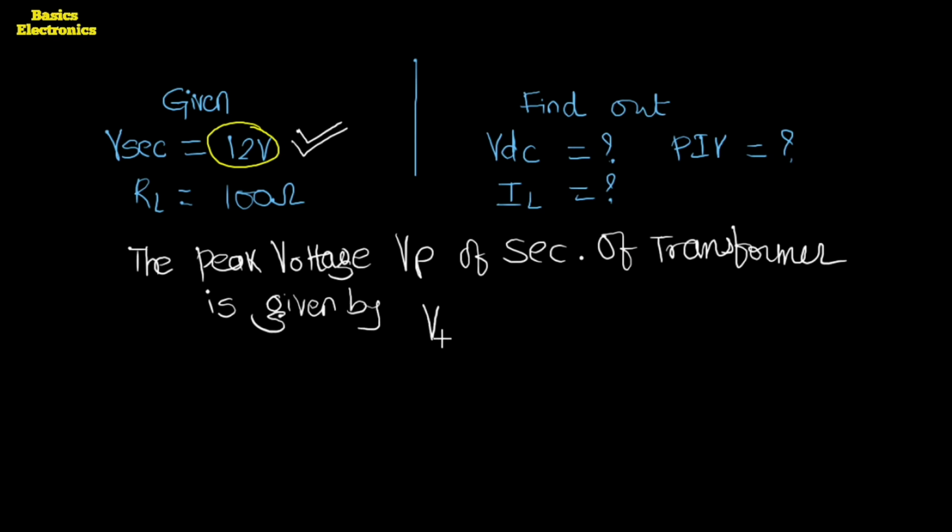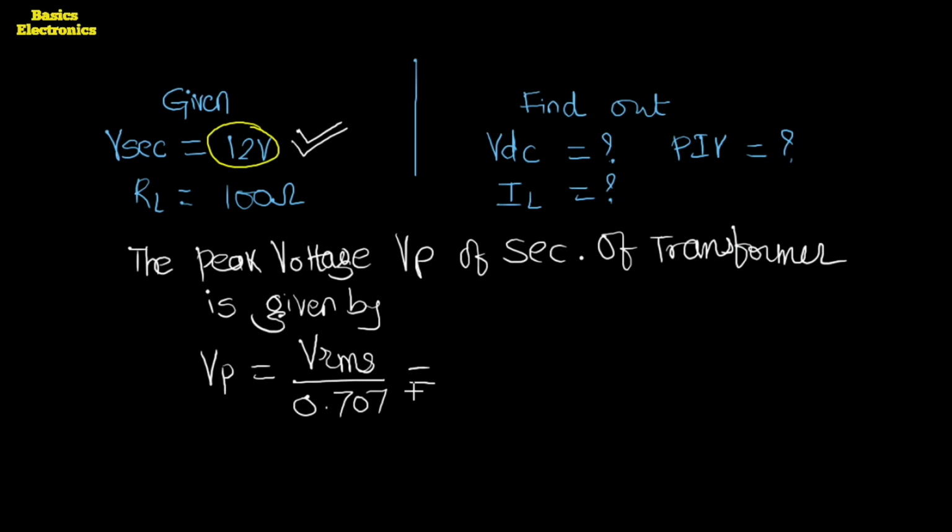It is, I am going to write at the next line, Vp equals Vrms upon 0.707. Okay, if you know the other formula, then mention it in the comment box.